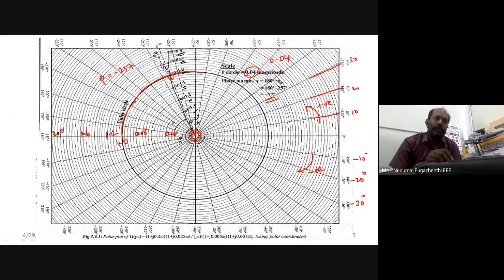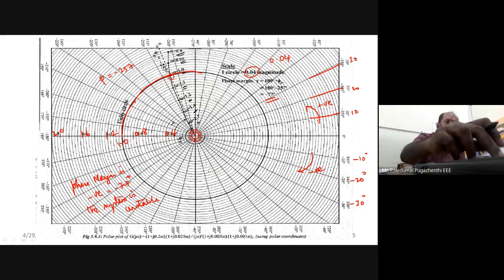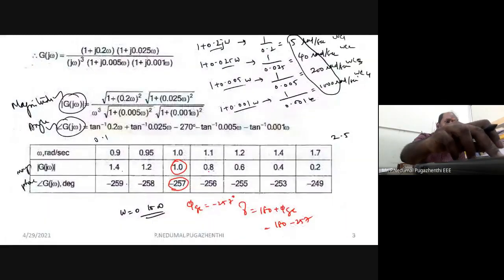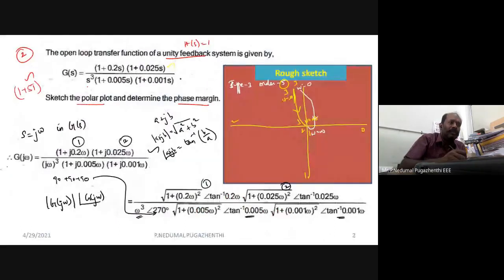Since the phase margin is negative, equal to minus 77 degrees, the system is unstable. Why? Because you can see there are multiple poles at the origin, because of this S cube.